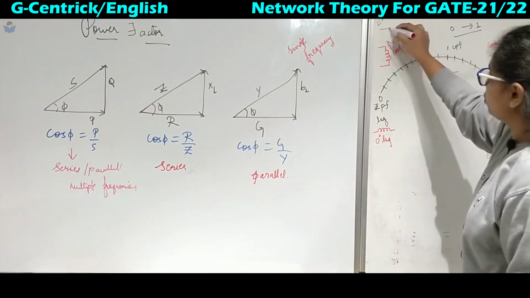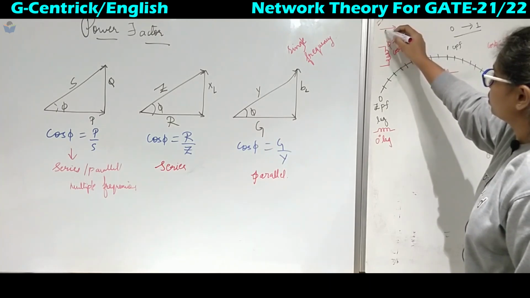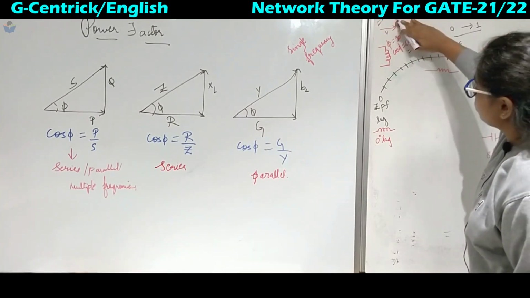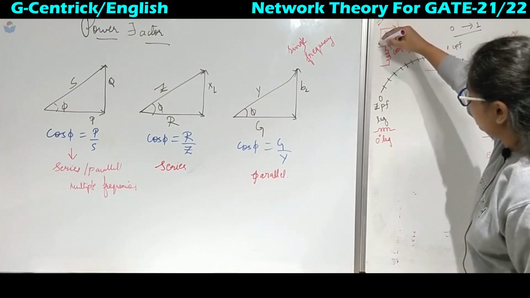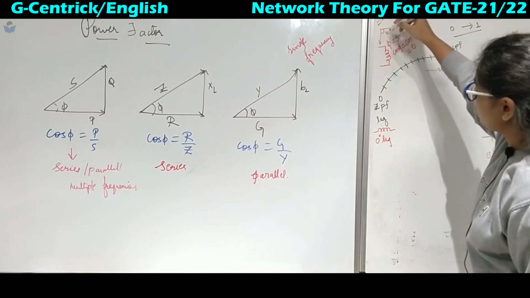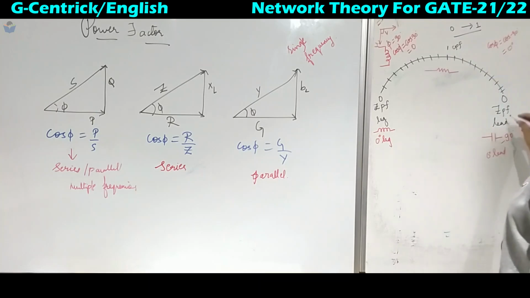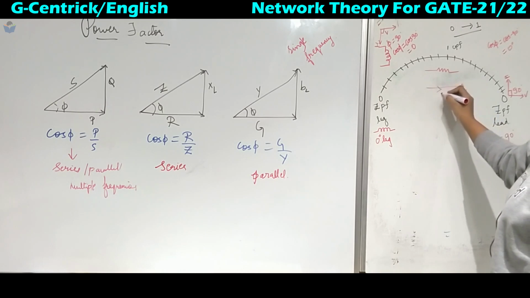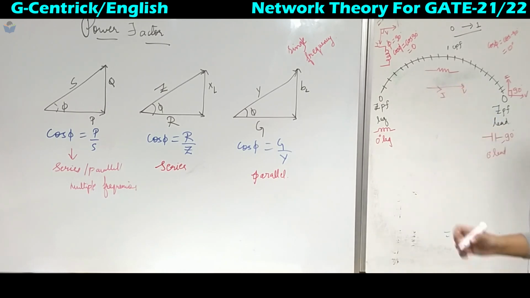Here, if we draw the phasor for inductive, if this is V, then this is current I. It will lag by 90 degrees, and here it is leading by 90 degrees. So this is V and this is I. For the resistive case, voltage and current will be in phase.